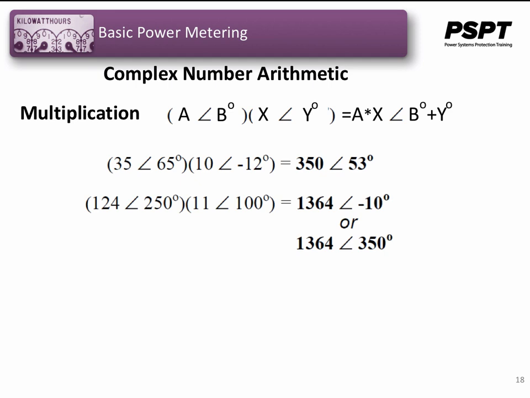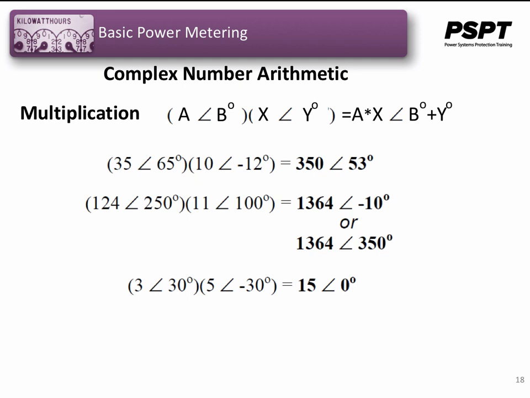Or you could describe it as minus 10 degrees as well. So your resultant would be 1,364 at 350 degrees, or 1,364 at minus 10 degrees.